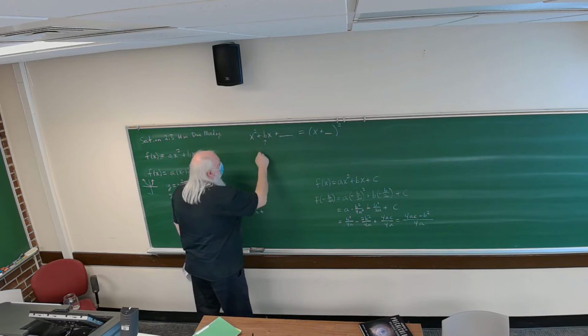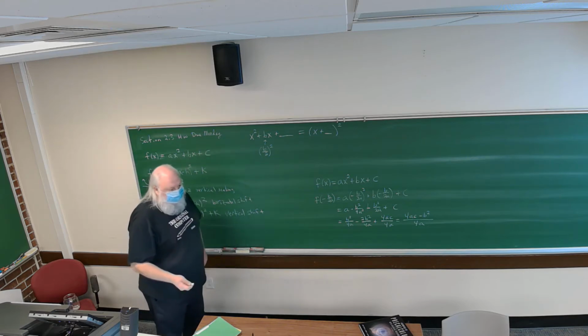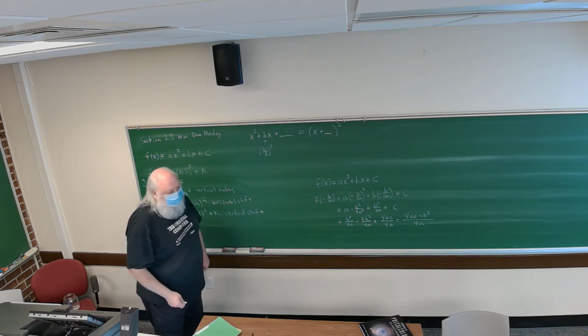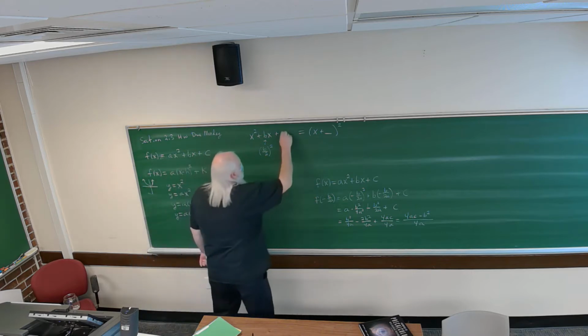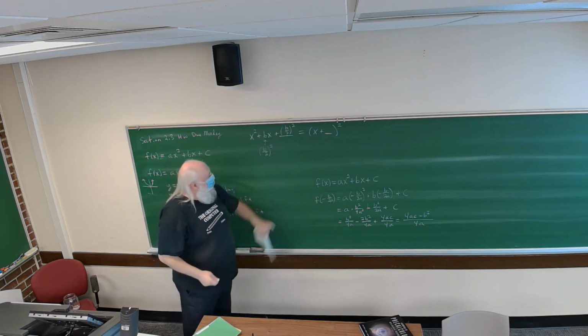So we do the same thing here. Take the number in front of the x, divide it by 2, and square it. It ends up being b squared over 4. So that's what we add to x squared plus bx.